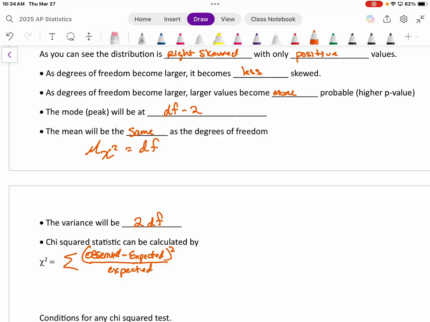We can use the calculator, but again, as we progress through, if you need to find the p-value, we would use a chi-squared CDF to help us determine it. Now, we can also use the chi-squared testing in there. The challenge is there are 2 tests inside of the calculator, and you have to be very careful.